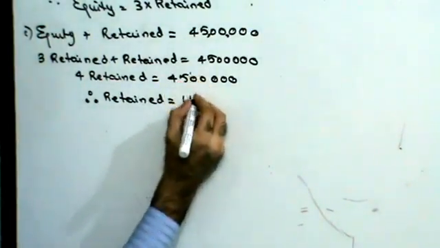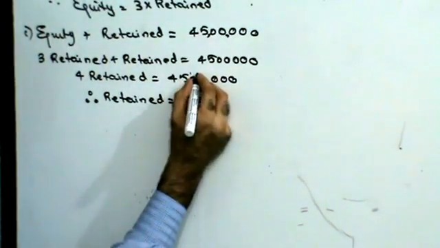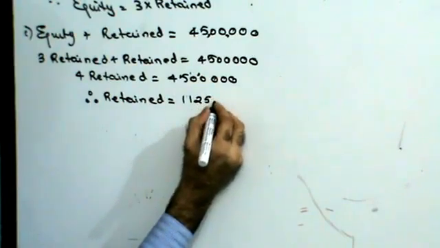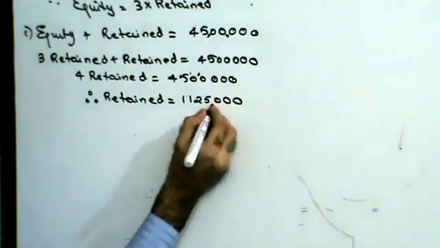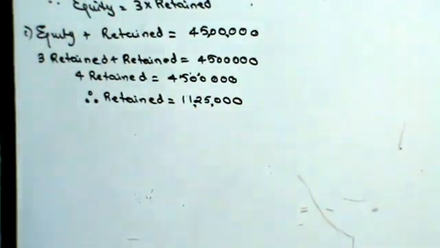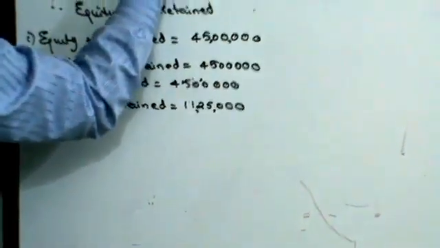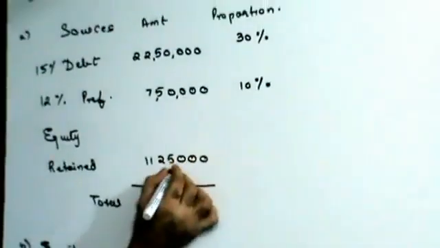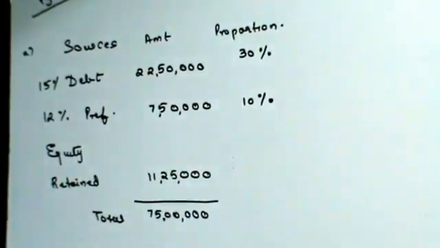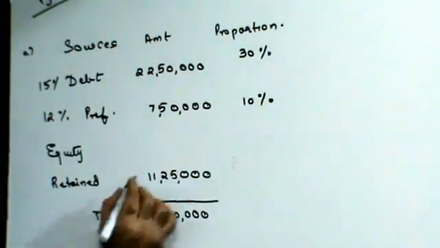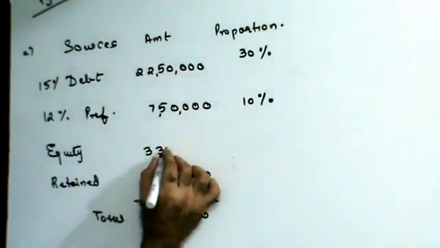So, retained earnings is going to be 11 lakh 25,000. If retained earnings is 11 lakh 25,000, then equity has to be 3 times 11 lakh 25,000, which is going to be 33 lakh 75,000.